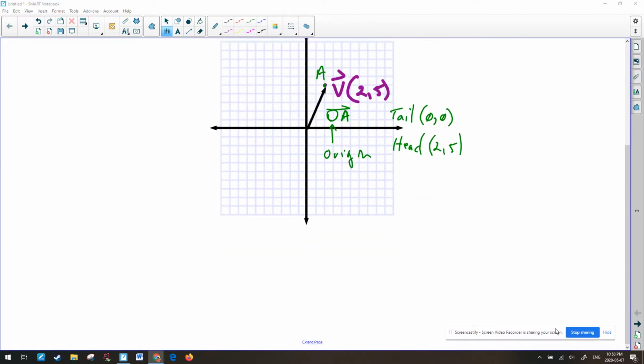We're venturing into a brave new frontier here, and now we're going to do vectors in R3. Similarly, you can imagine that we are not going to have ordered pairs anymore. We are going to have ordered triples, right?